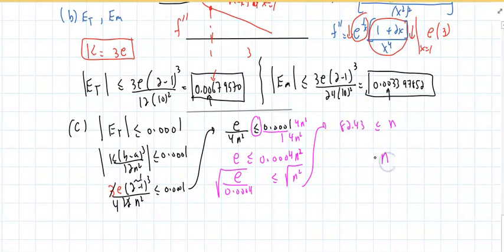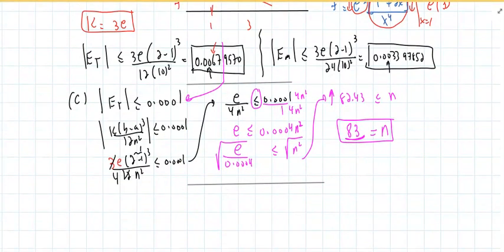Since we want more accuracy, we round up all the time. We say, if you want your accuracy to be to 4 decimal places, not 2 decimal places, then guess what? You need to use this and let n equal 83, and then your numbers will be accurate to that many decimal places.